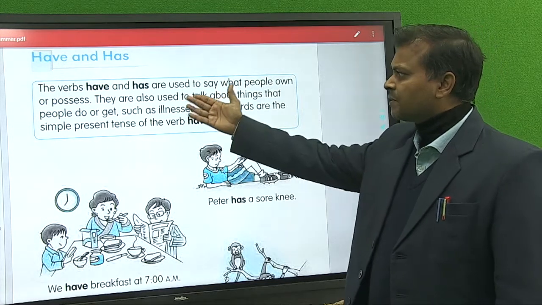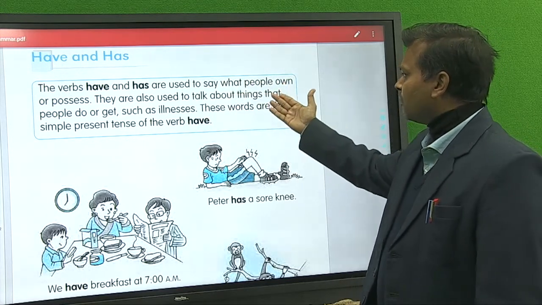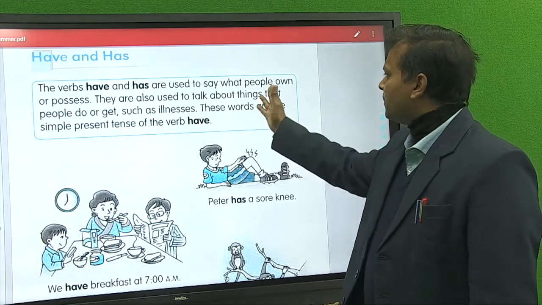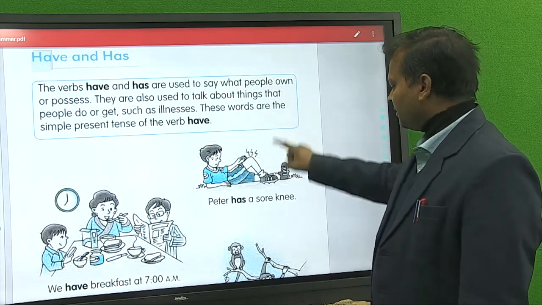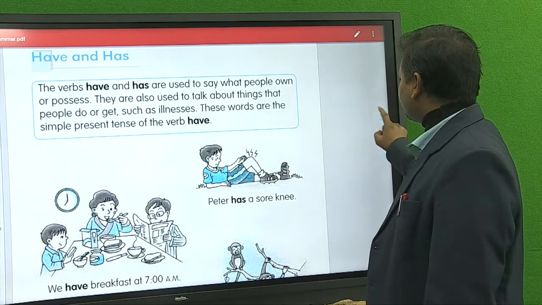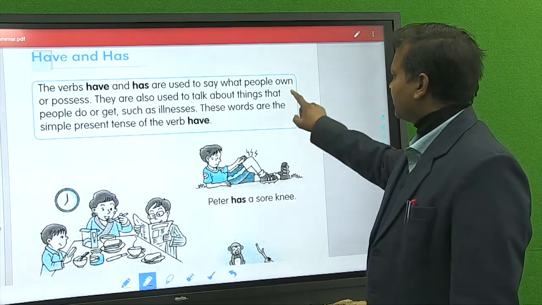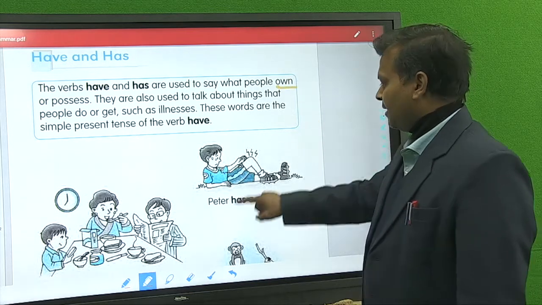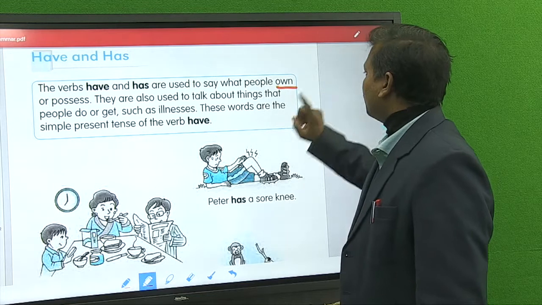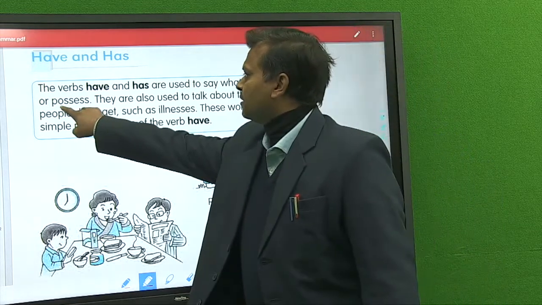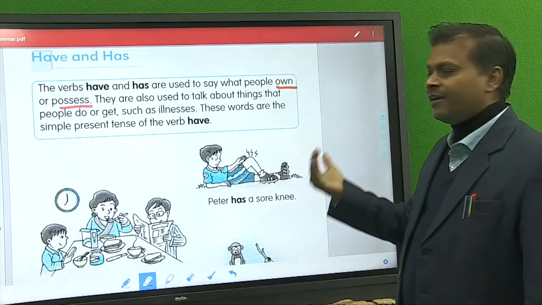Students, the verbs have and has are used to say about what people own or possess. Right? Here it is very important to understand what this own and possess means. Own and possess means what they are having.